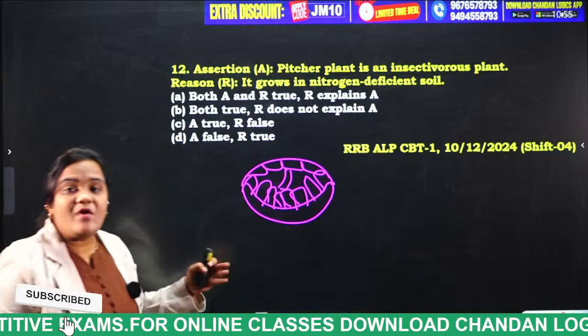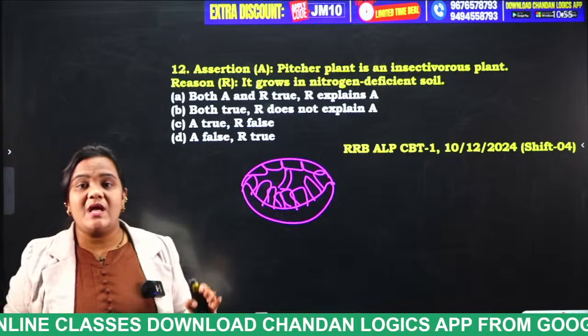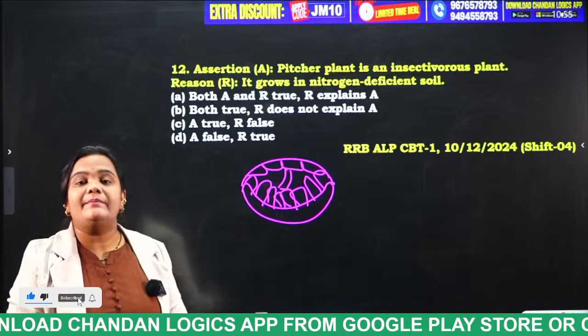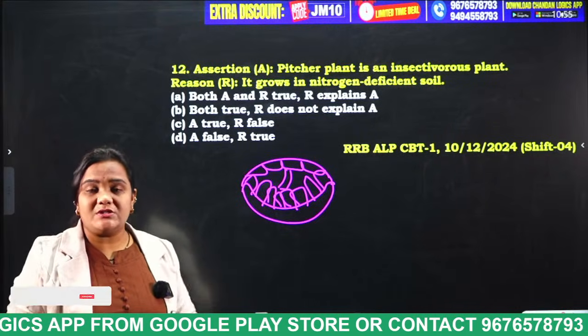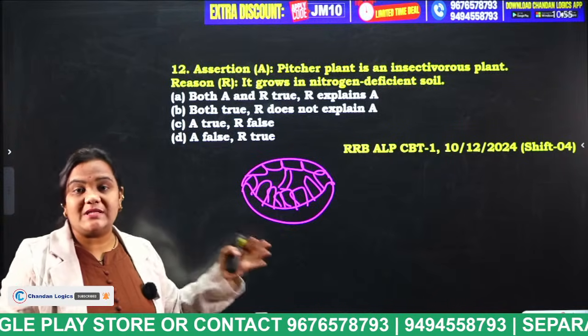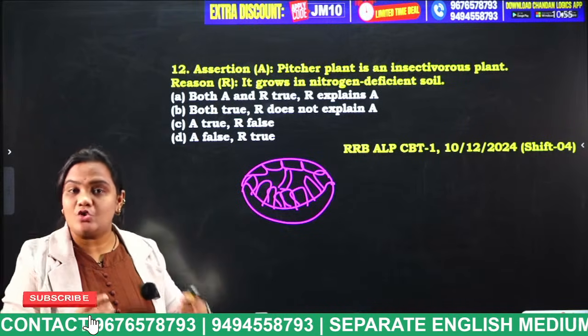So these types of plants are considered as what, students? Insectivorous. Why? Because when the insect lands on that plant, it is going to close. Why is it closing, students? Even though it is performing photosynthesis, this insectivorous plant is lacking nitrogen.